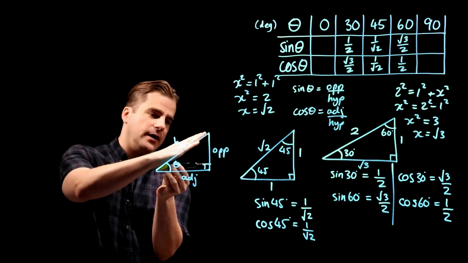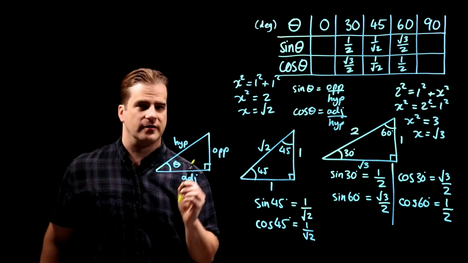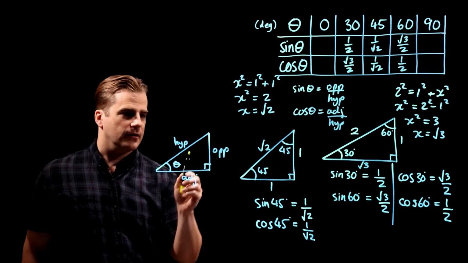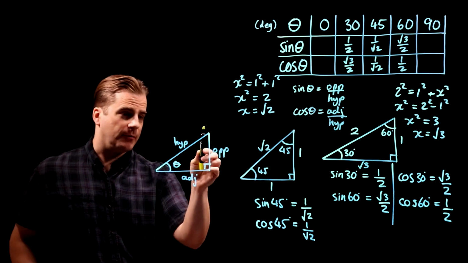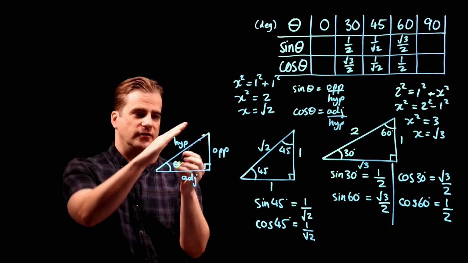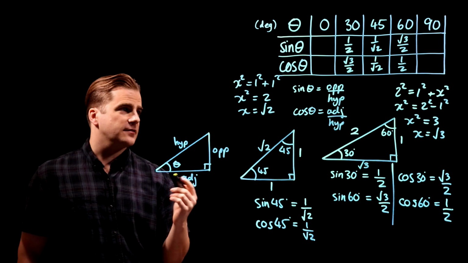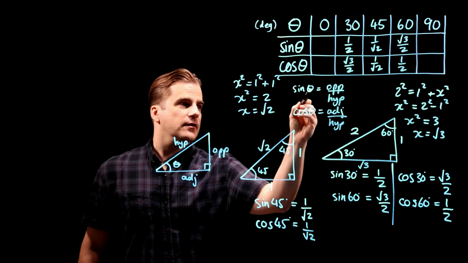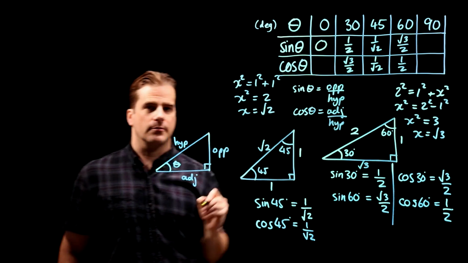So when theta hits 0, the opposite is also 0. So opposite divided by hypotenuse is 0 divided by some value, which is 0. So therefore the sine of 0 is 0.